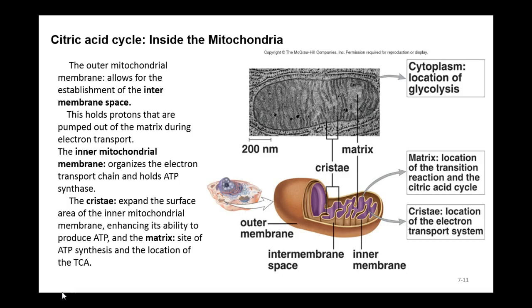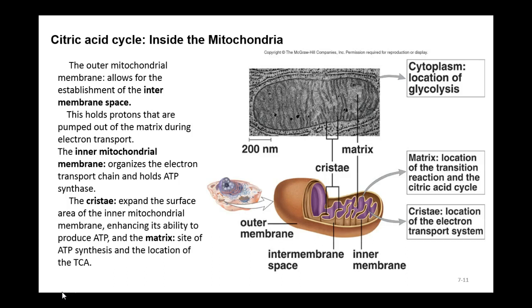The cristae is the expanded surface of the inner area of the mitochondrial membrane, and these are where the proteins are attached that can hold on to those electrons. Henceforth, the cristae, in the inner membrane of the mitochondria, is where the electron transport chain takes place. The site of actual ATP synthesis is in the matrix.